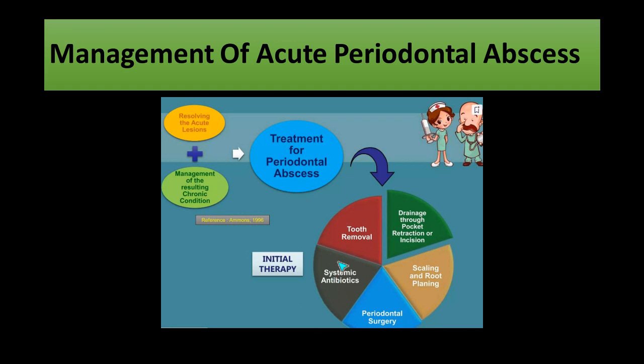We will be studying in which circumstances systemic antibiotics become mandatory. And of course, when the prognosis of the tooth is very poor and we cannot save the tooth, then the only option remaining is extraction of the tooth.